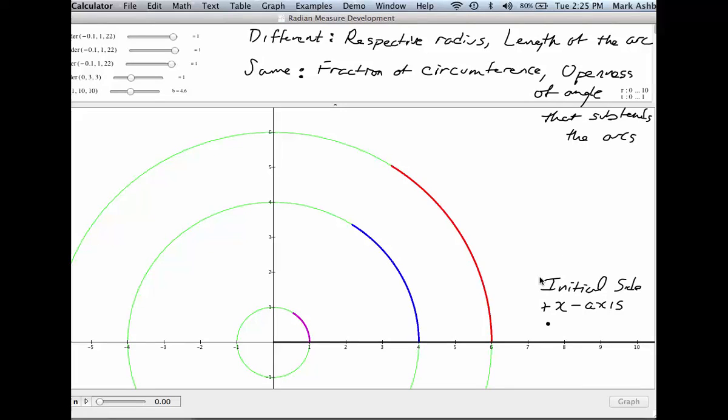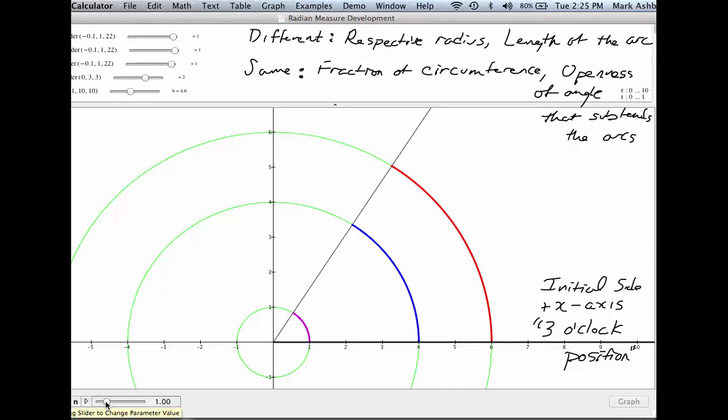So we're going to use this language a lot: the 3 o'clock position. In the next couple weeks, we're going to use this over and over again. Our initial side of our angle is the 3 o'clock position. Okay? And so then, starting at the 3 o'clock position, we're going to sweep an angle counterclockwise.